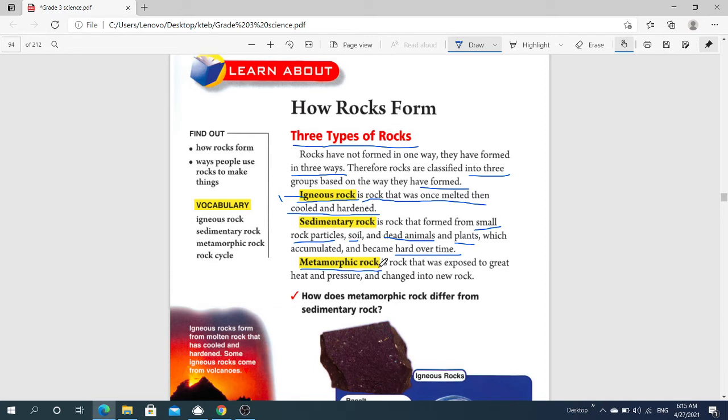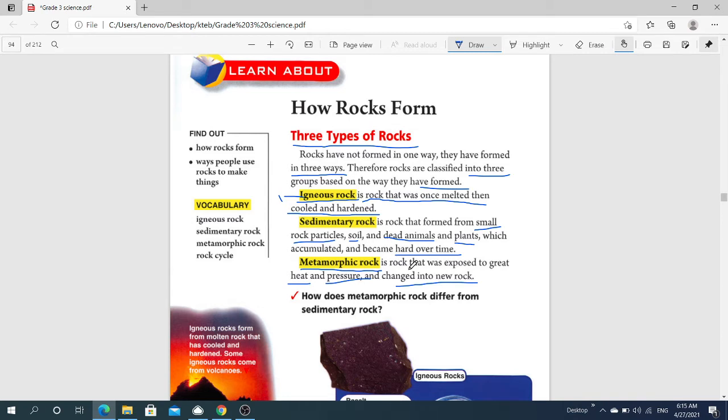This one is different from igneous rock and sedimentary rock, because this type of rock was exposed to great heat and pressure and changed into a new rock. After a while, they change into a new rock.